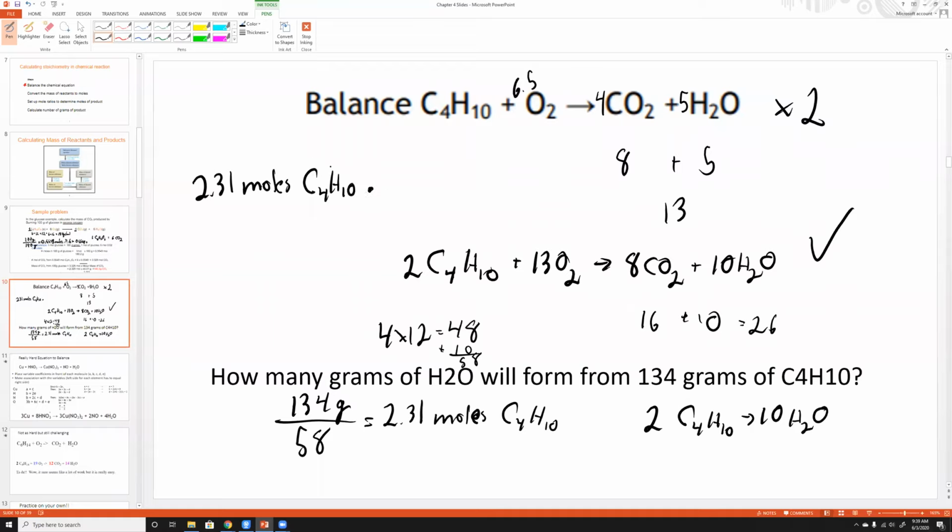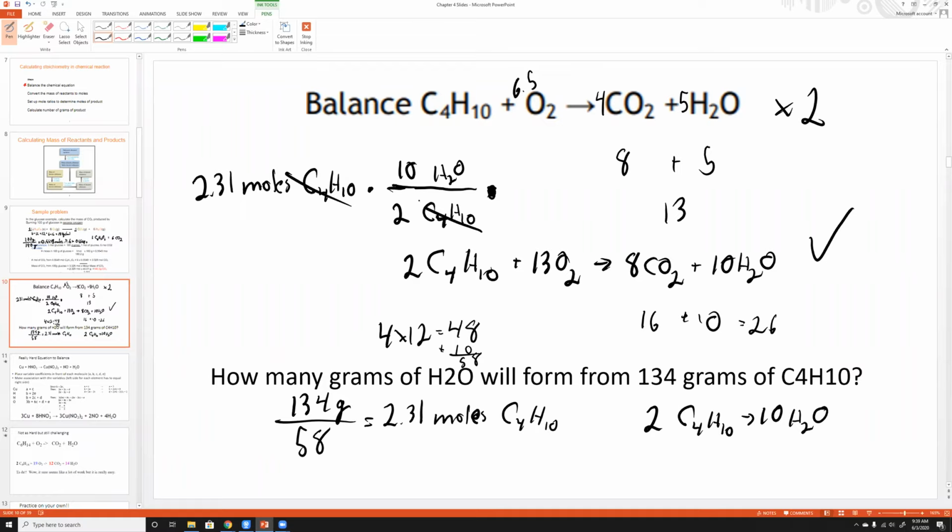We're trying to convert moles of C4H10 to moles of H2O. If 2 moles of C4H10 reacts to produce 10 moles of H2O, these can cancel out, and we get whatever this is multiplied by 10 over 2, or multiplied by 5. Whatever our answer is here will be the moles of H2O.